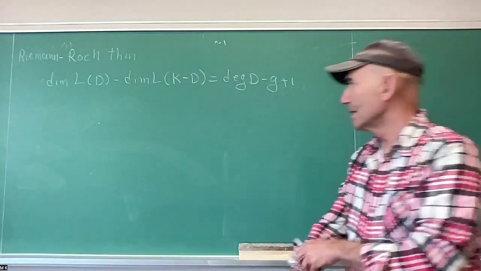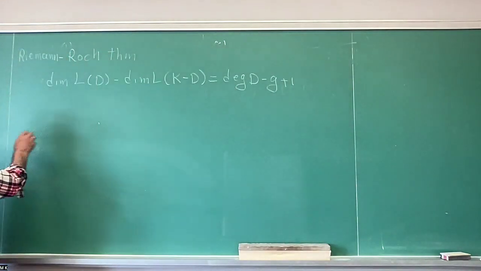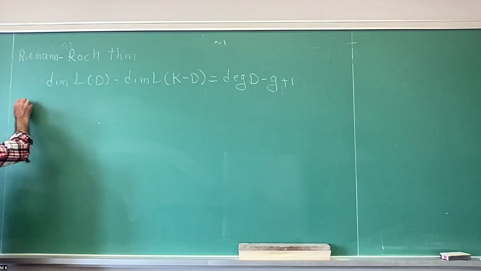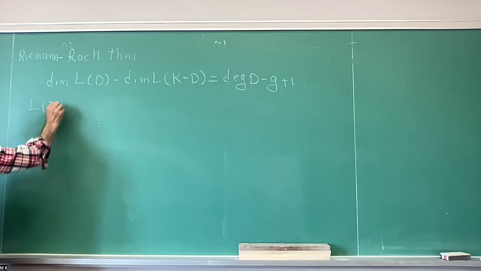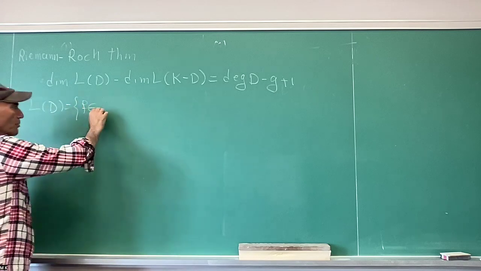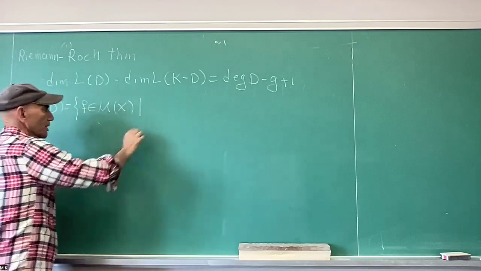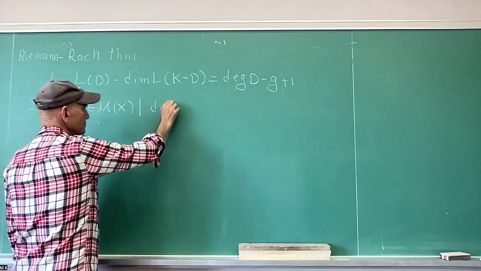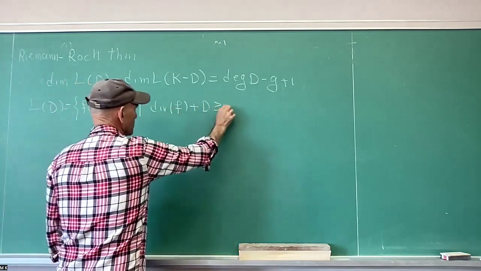Okay, so when D is a divisor, we apply this. Maybe I just don't go too fast. Here L of D is the set of all F belonging to the meromorphic functions on X such that the divisor of F plus D is greater than or equal to 0.